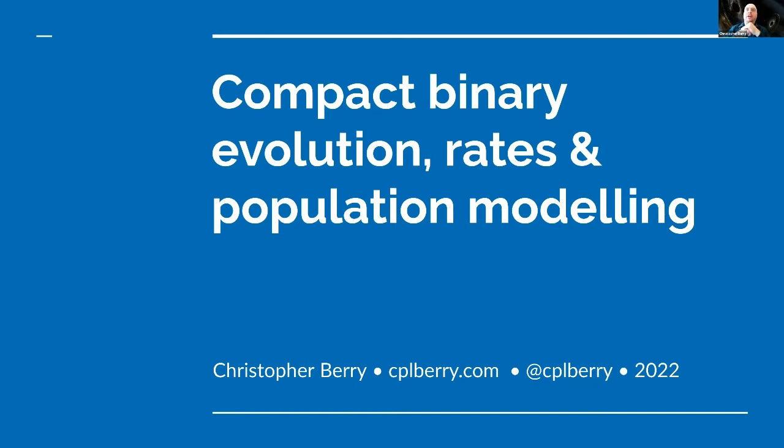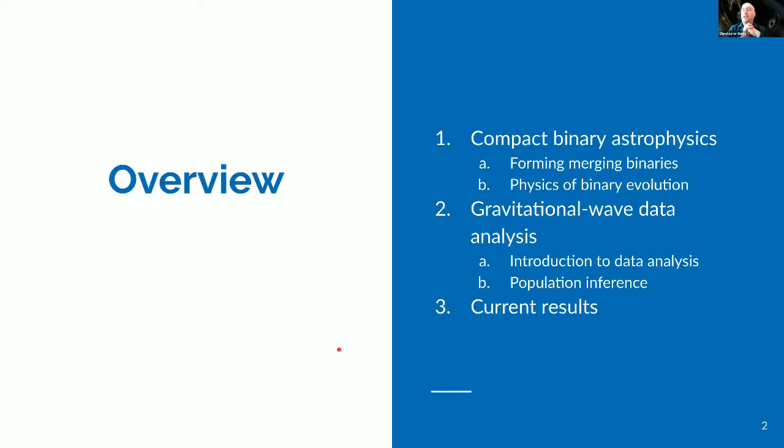And yes, I'd like to talk to you over the course of the coming 5 lectures on how we do compact binary astrophysics with gravitational waves. So in the course of this lecture, we're going to touch upon several different topics.